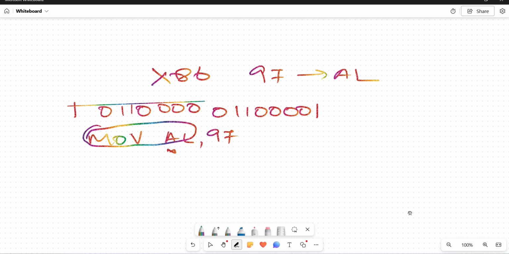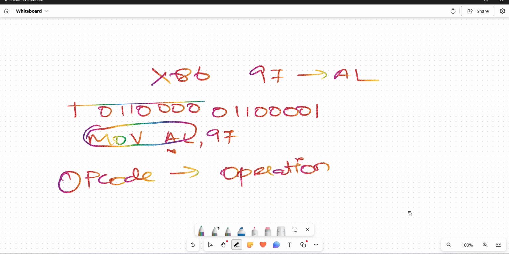Opcode means operation code. It's a part of a machine language instruction that tells the processor what to do. So here, MOV AL, 97 means take the number 97 and store it in the AL register.